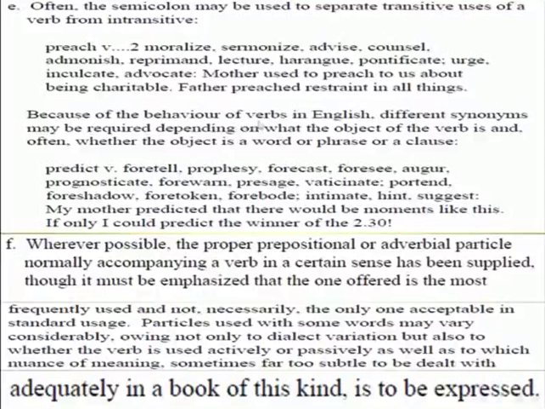Because of the behavior of verbs in English, different synonyms may be required depending on what the object of the verb is, and often whether the object is a word, a phrase or a clause.